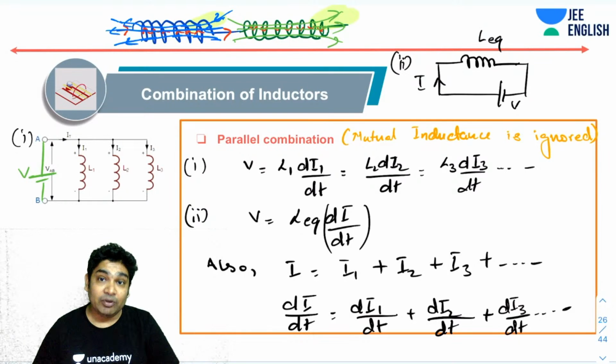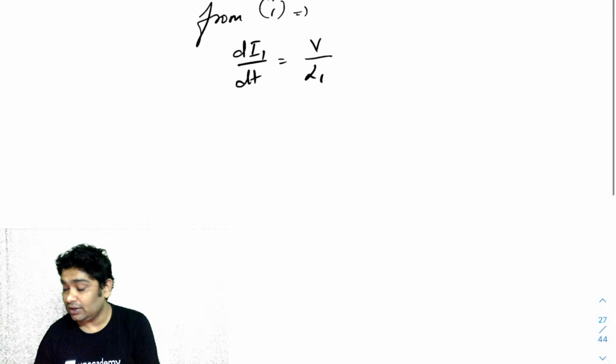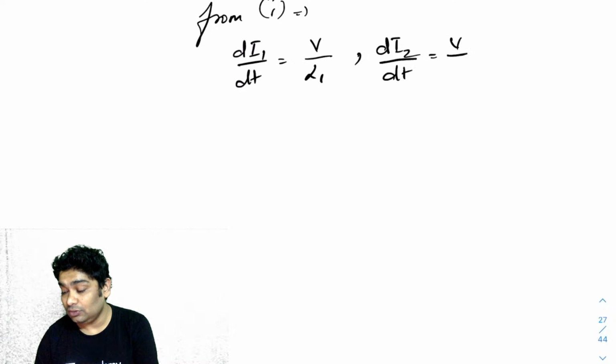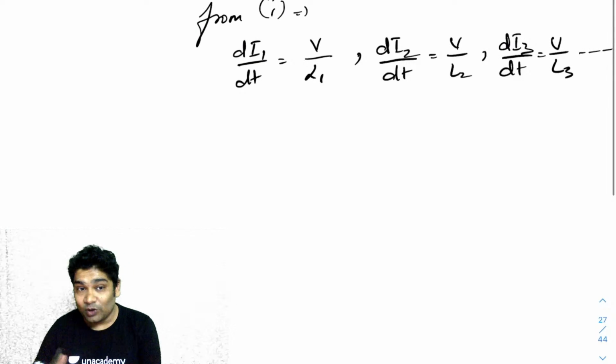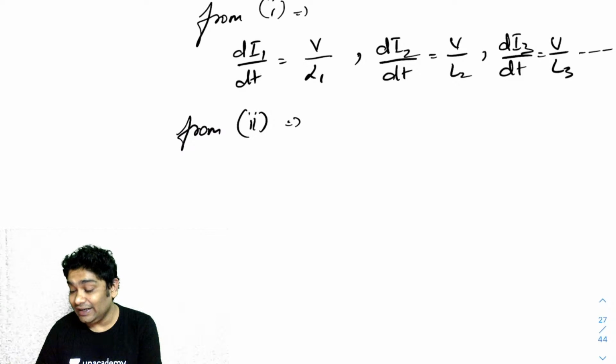Similarly, di2 by dt would have been V over L2, di3 by dt would have been V over L3, and so on. And what do I get from the equivalent circuit? From 2, which is the equivalent circuit, I also get di by dt is V over L equivalent.